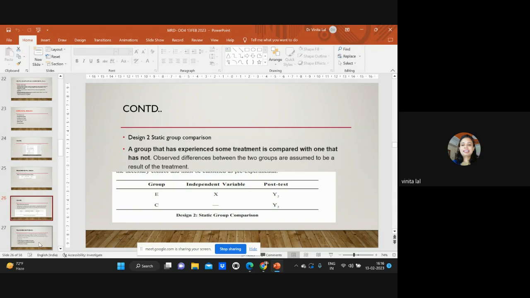It is a control group which permits the comparison, that is E or C group, independent variable, and post-test means used to assign a subject to experimental and control group, and we cannot be sure the groups are equivalent prior to the experimental and control group.